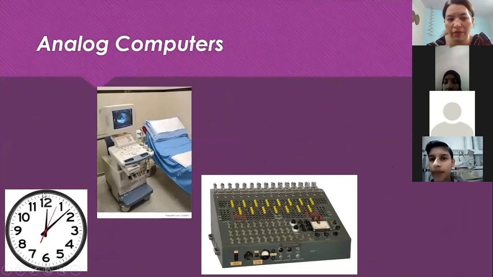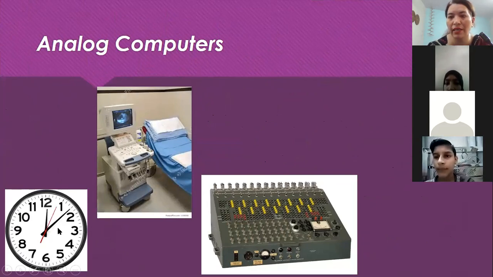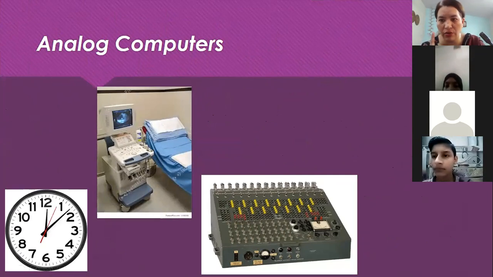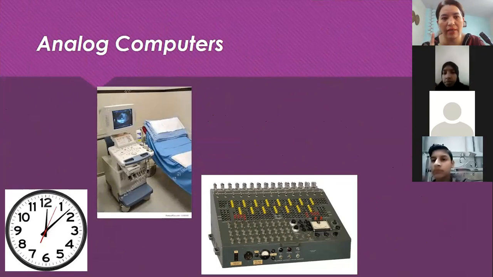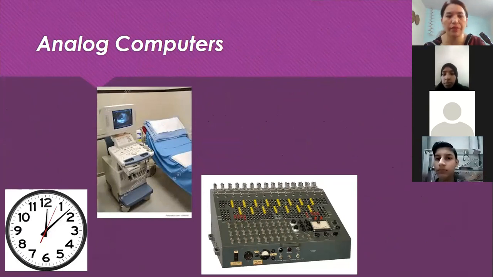Number 1, the wall clock which we have, with 2 hands and a second needle always moving round and round, indicating the time to us. It is not that at 12:10 it stops. No, it keeps moving forward. The system which processes continuous data is known as an analog system or analog computer.